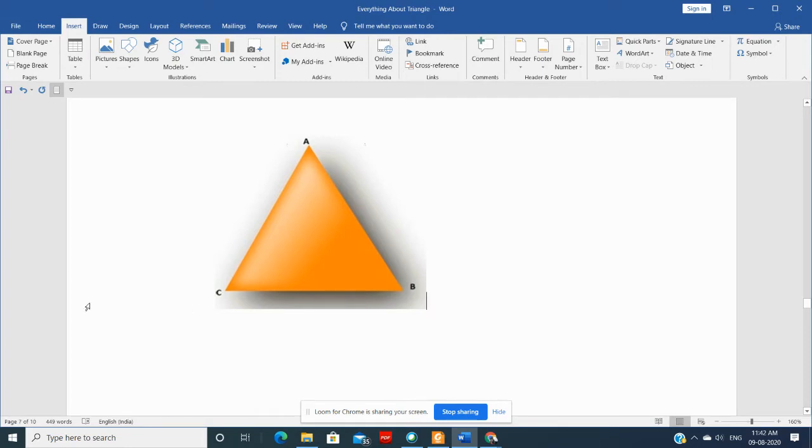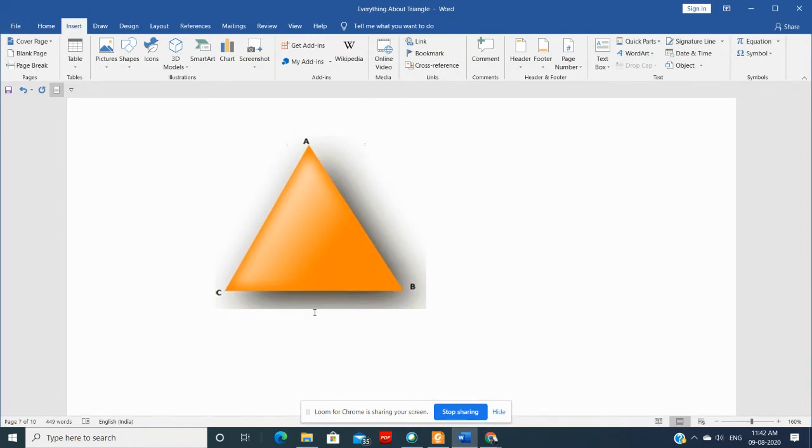Now, why is this side so important for us? This side is very important because for this triangle ACB, CB is the base of the triangle. So, the side opposite to the vertex is actually the base of that particular triangle.